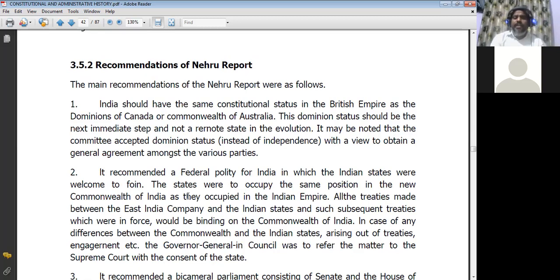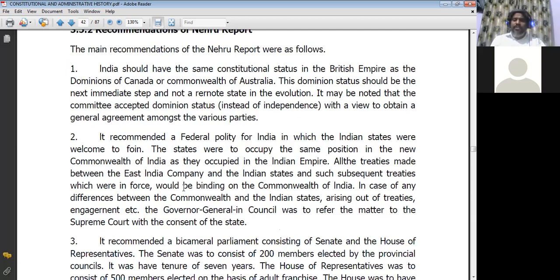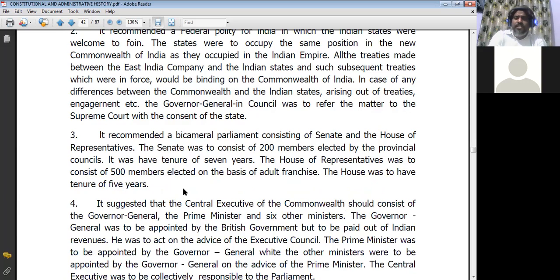And it also recommended a federal polity for India, in which the Indian states were welcome to fit. The states were to occupy the same position in the new Commonwealth of India as they occupied in the Indian Empire. And it also recommended a bicameral parliament consisting of a Senate and a House of Representatives.